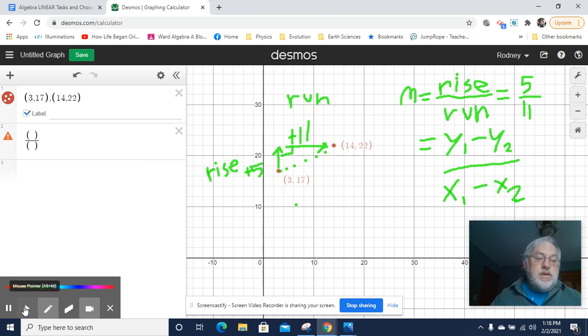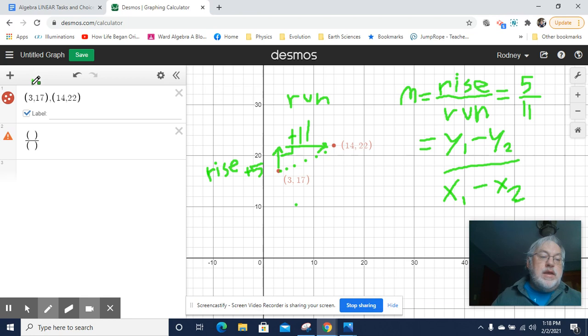And so I'm going to go ahead and label this point 1, and this is going to be point 2. Actually, I'm going to change that up. I'm going to call that point 1 and that point 2.